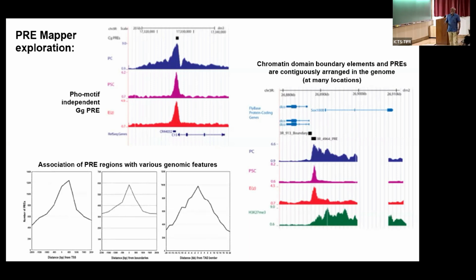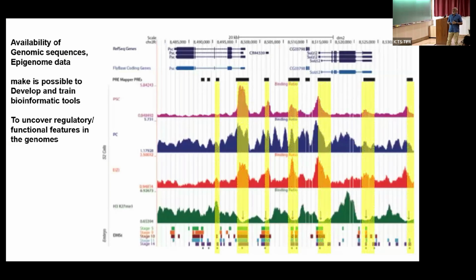We also looked at whether PREs have anything to do with transcription start sites, other boundaries or TAD borders. And we see that there is a proximity of predicted PREs. Of course, one has to do experiments and see if there is a meaning in that. So what this shows is that we have enough information, particularly epigenetic modification data, that you can predict the PREs and then compare with other features.